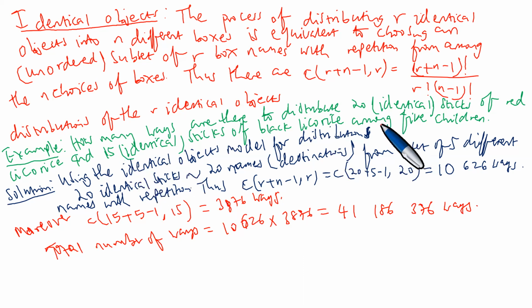Perhaps this is a much more direct and simple example, because we are effectively dealing with R identical objects distributed into different boxes.